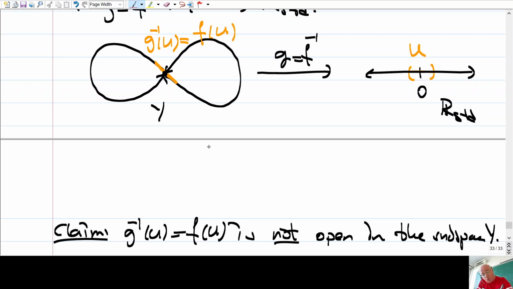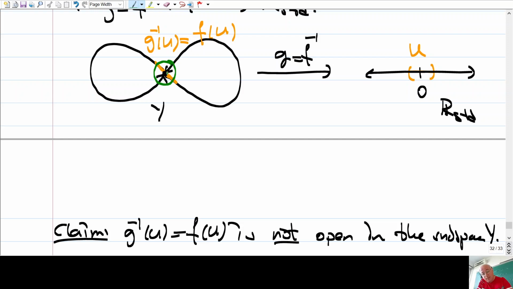And any open set containing the origin contains a ball containing the origin. So that ball is something like this. Şöyle bir renk seçeyim ona da. Yeşil olsun. Right? Any ball containing the origin is something like this.